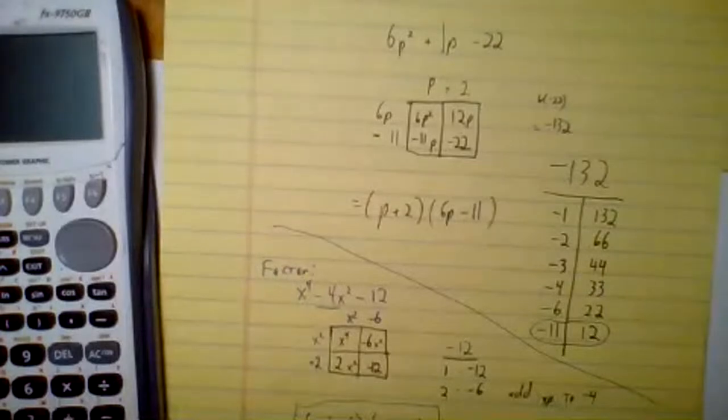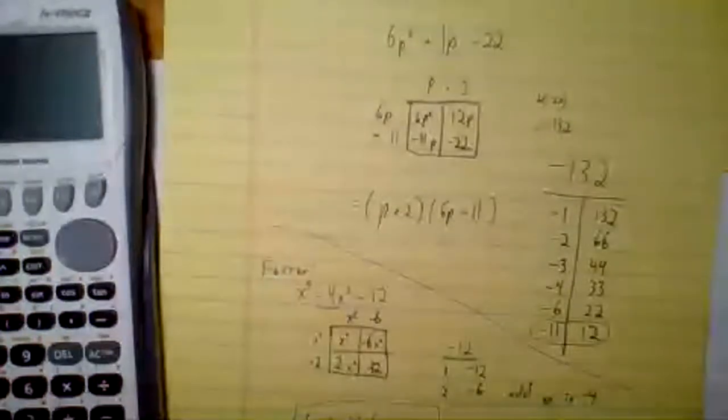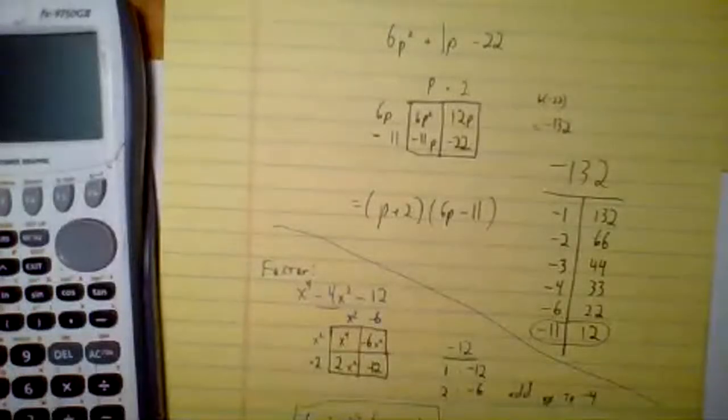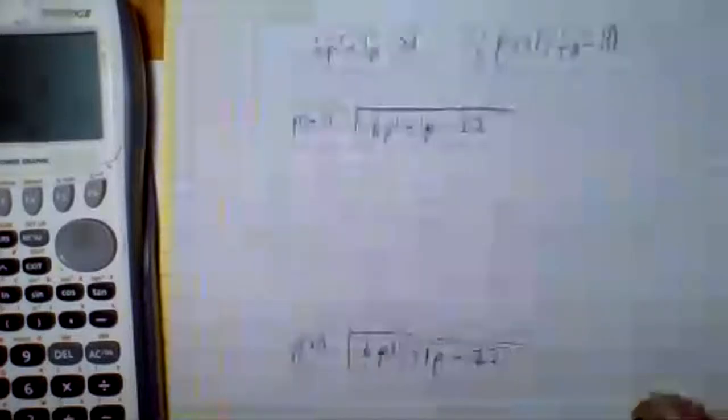I'm just putting this on a different piece of paper, and then I'll get this on camera here. But that factoring result that we got there, I copied it down.